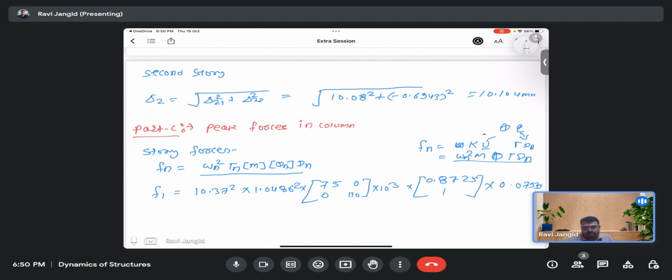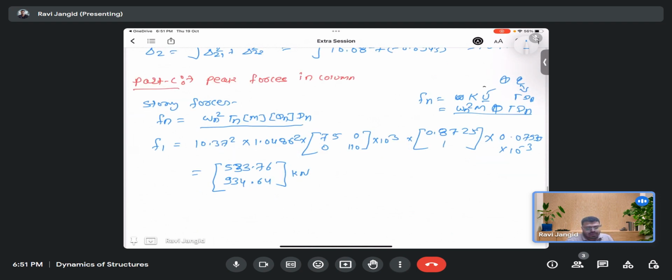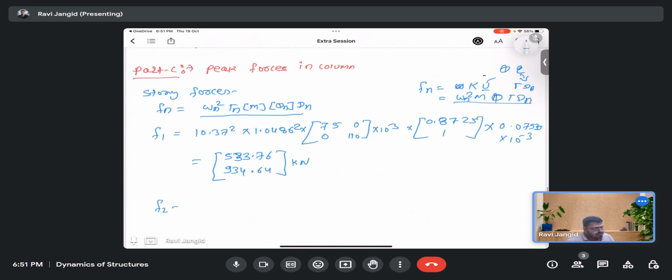If you solve this, I will divide it by thousand also to convert it into kilonewton. So that will become 533,934.64 kilonewton. Okay, similarly we can get F2.